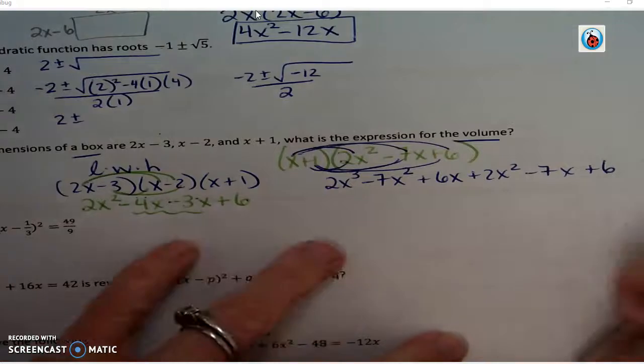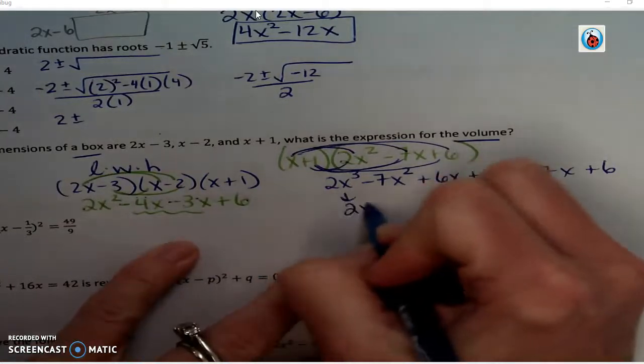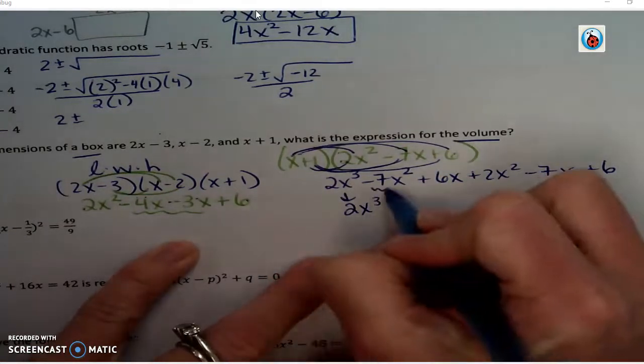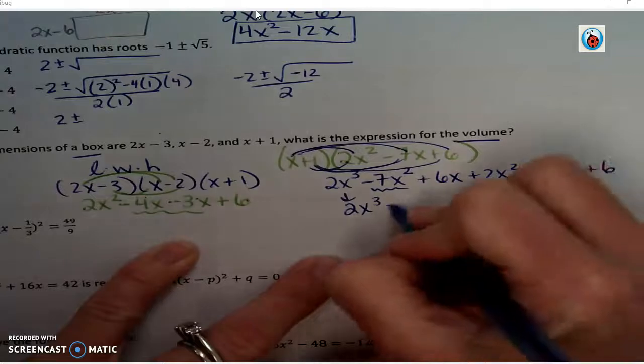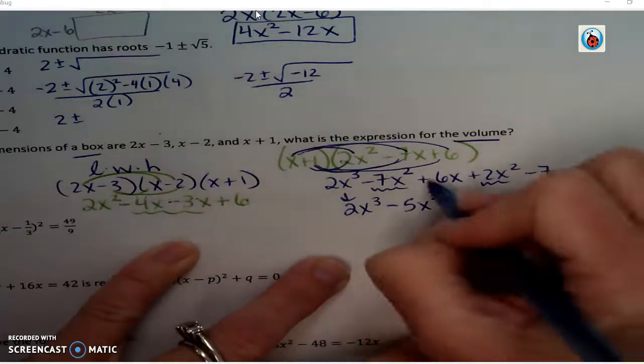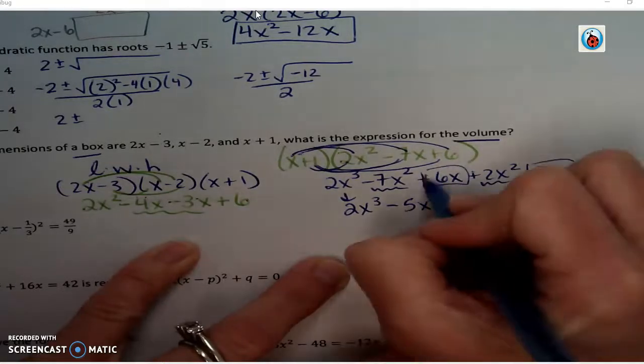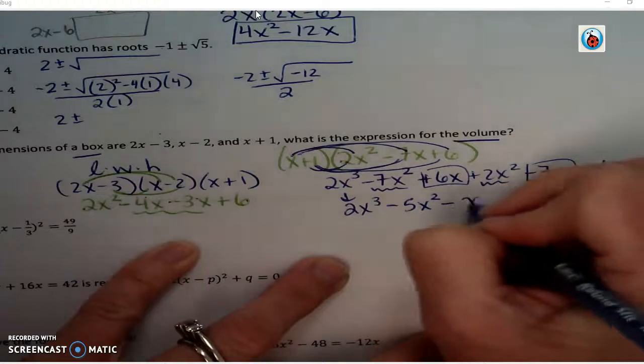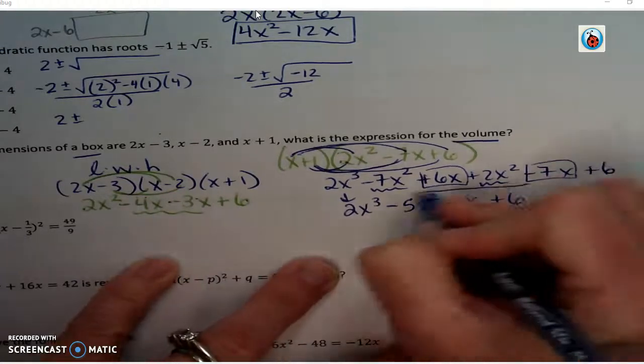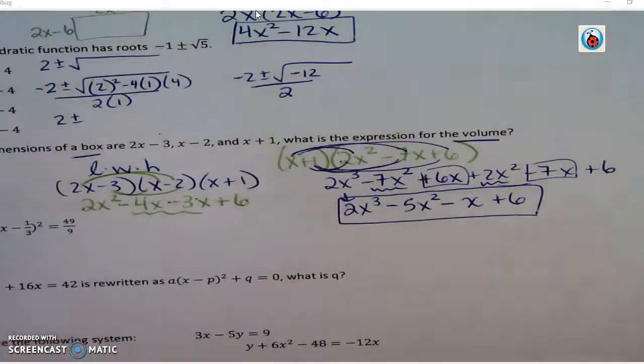And I'm going to combine like terms. So 2x cubed, there's nothing to put with that, drop it down. Negative 7x squared and positive 2x squared gives you negative 5x squared. 6x minus 7x gives you negative x, and drop down your positive 6. So that is your answer.